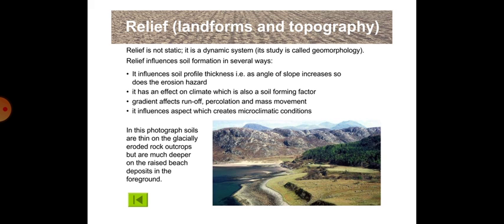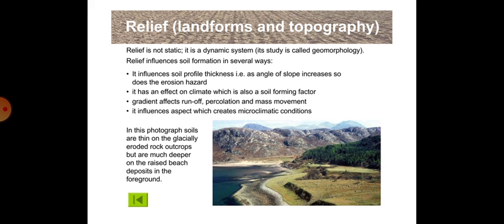Relief, landforms and topography. Now we'll discuss. Relief is not static, it is a dynamic system. Its study is called geomorphology. Relief influences soil formation in several ways. It influences soil profile thickness, that is, as the angle of slope increases, so does the erosion hazard.